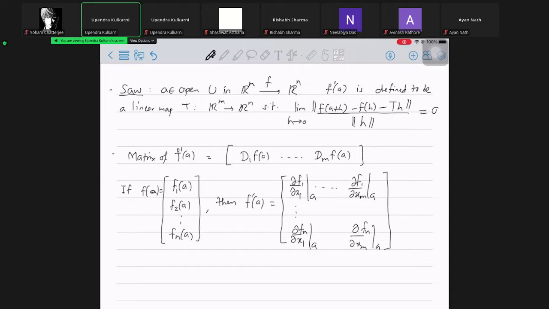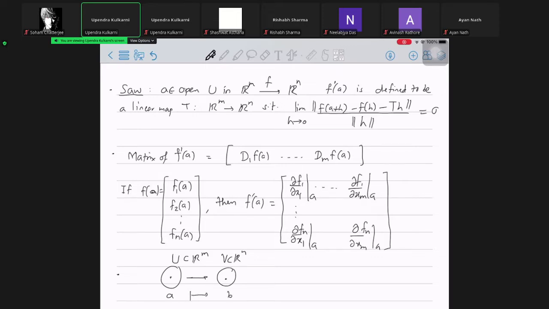Okay, excellent. And what was the chain rule? The chain rule was, here is an open set U in Rm, and there is a map from this to Rn, such that the image lies in an open set V in Rn, and the dotted point goes to the dotted point here.